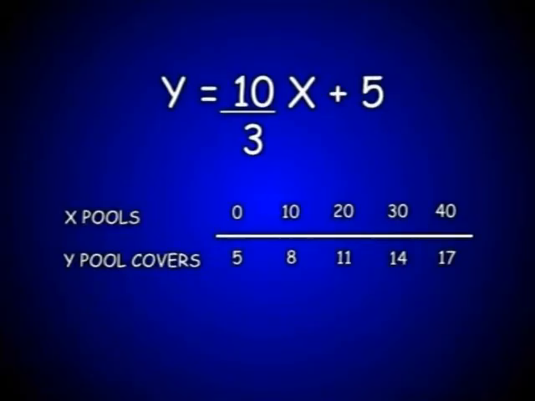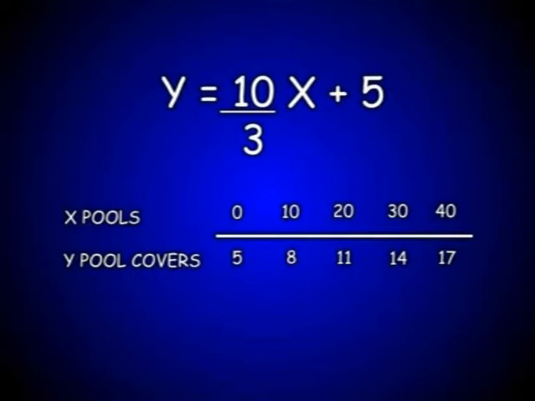Let us look at how it affects the table. X being the number of pools, when that is 0, y is equal to 5 as opposed to the previous table which was 0, 0. When the number of pools is 10, the number of pool covers we sell is going to be 8.